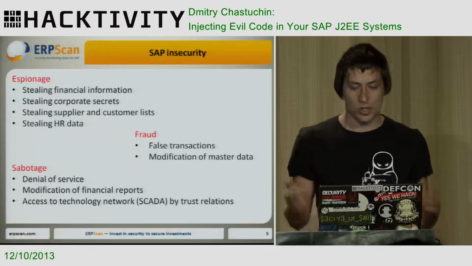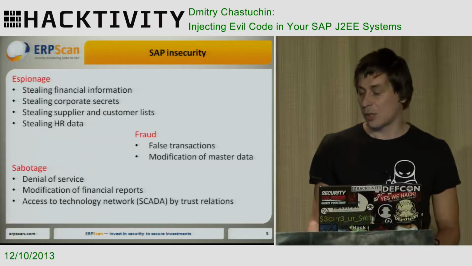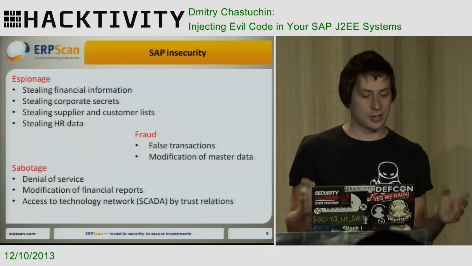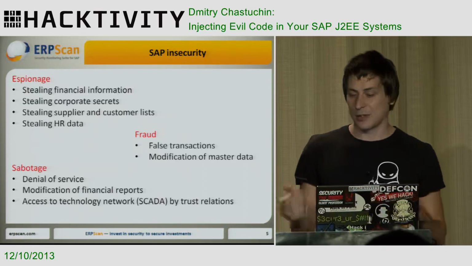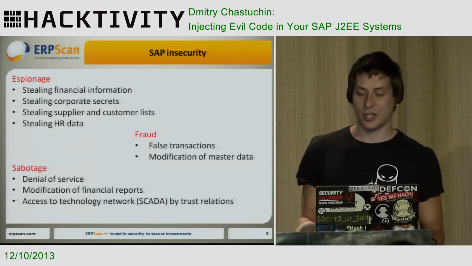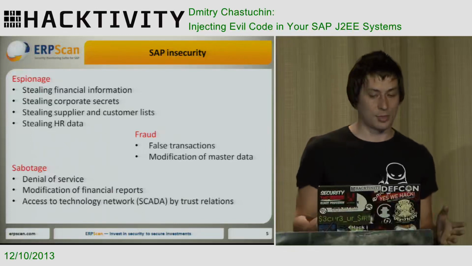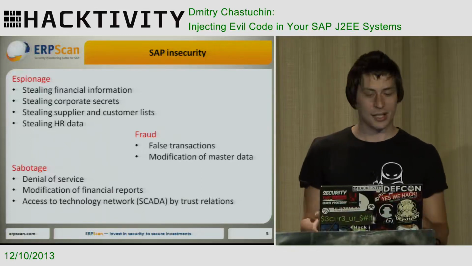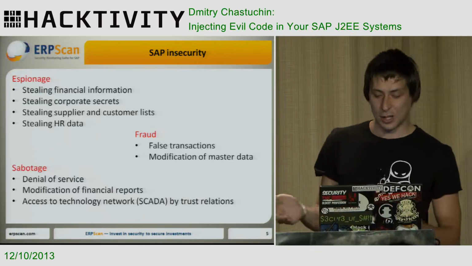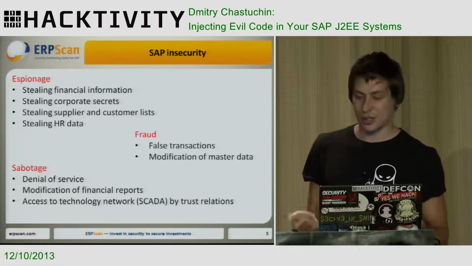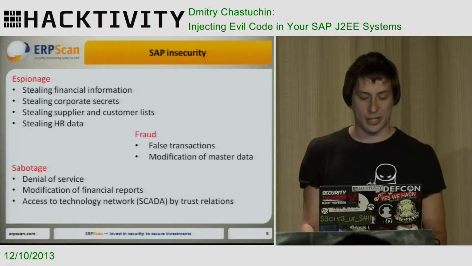SAP security. What goals do attackers have most often? First of all, it's espionage: stealing financial information, corporate secrets, supplier and customer lists, and HR data. The next one is fraud: false transactions or modification of master data.